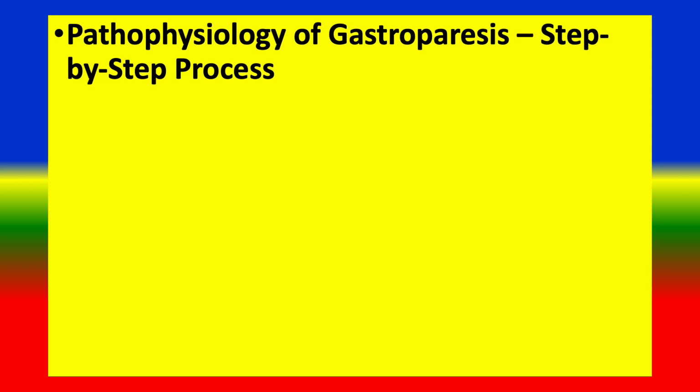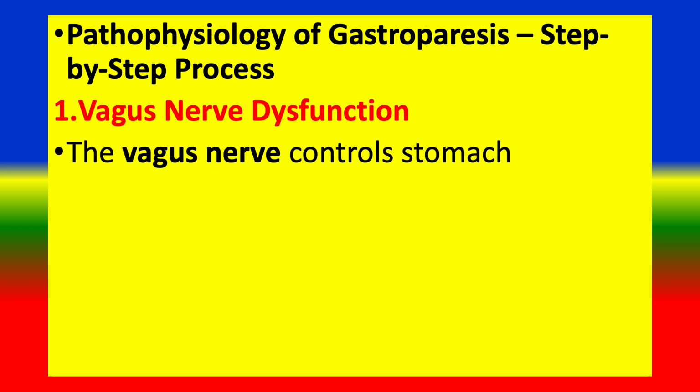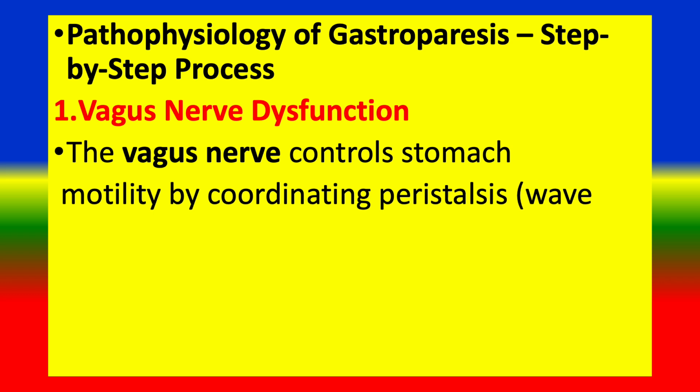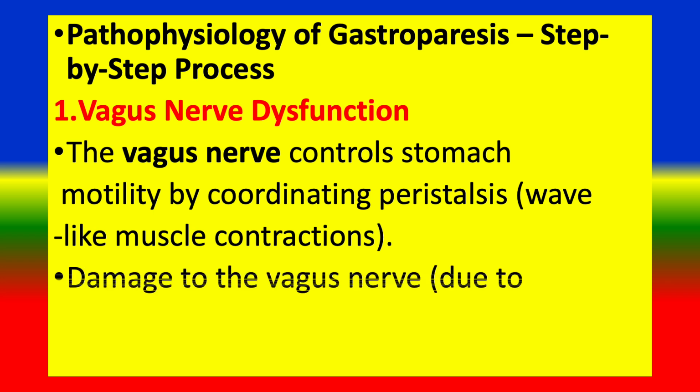Pathophysiology of gastroparesis, step-by-step process. 1. Vagus nerve dysfunction. The vagus nerve controls stomach motility by coordinating peristalsis, wave-like muscle contractions.